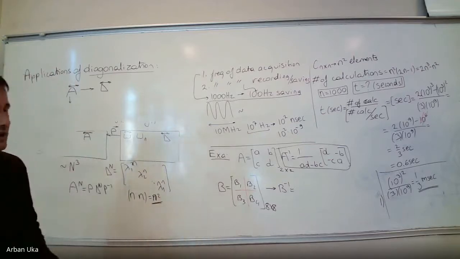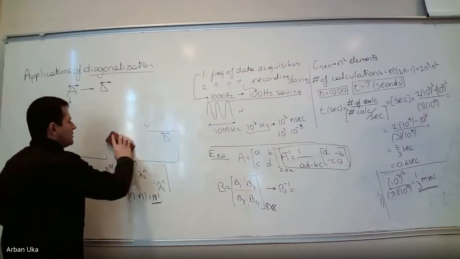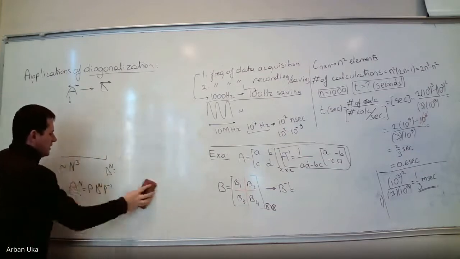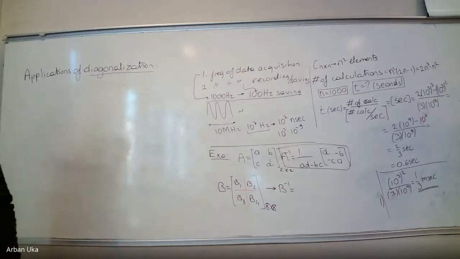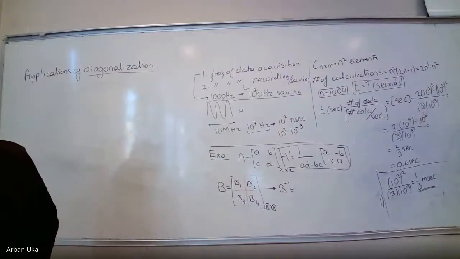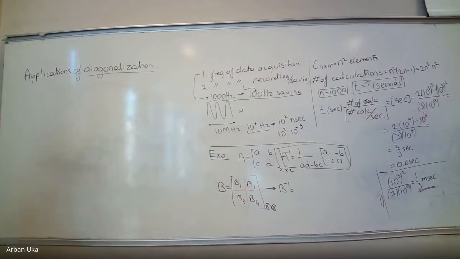So in principle, it looks like often we need to be very attentive to how many operations we are doing, and this is the reason we want to use diagonalization. Now let's come up with an example, and the example will follow.